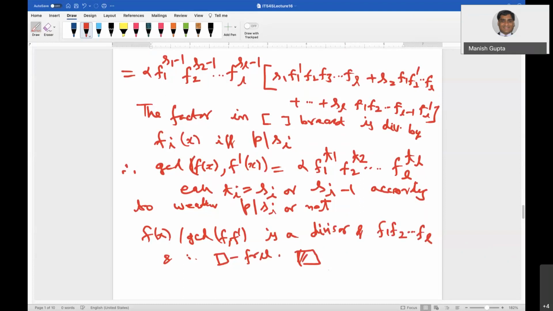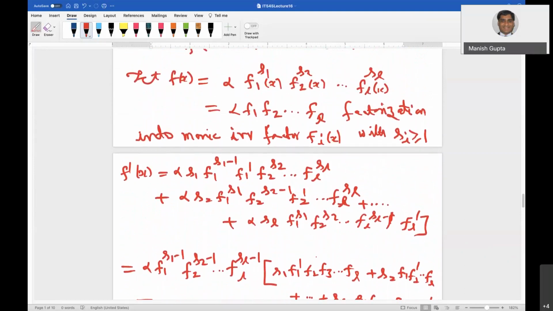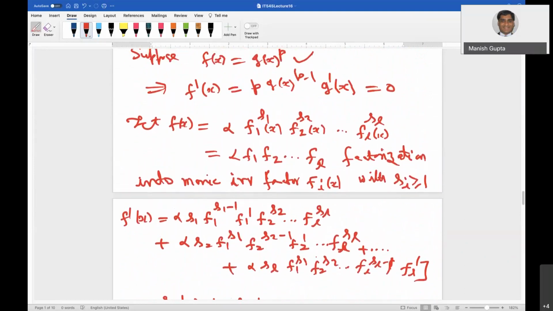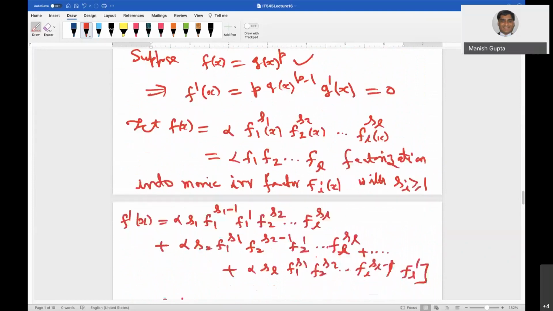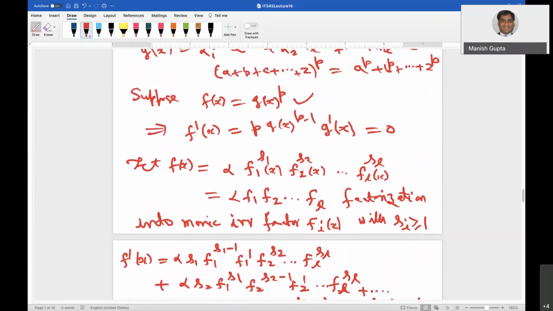So this important result gives us a method to convert anything into square free factorization. Let me show you how this is useful by an example.